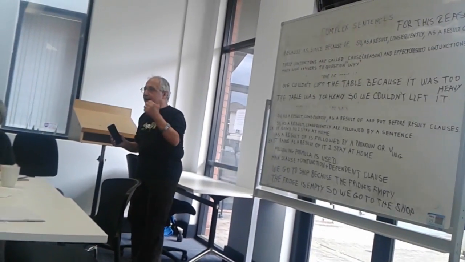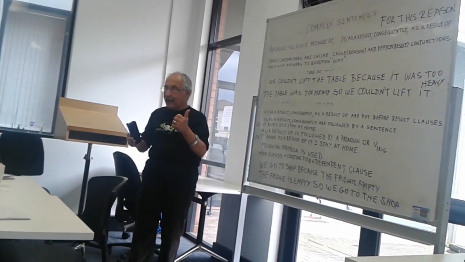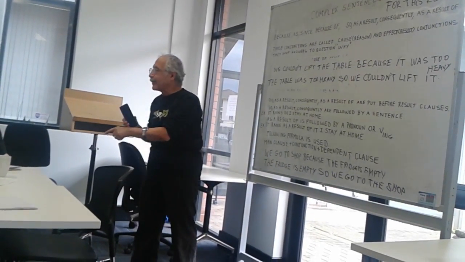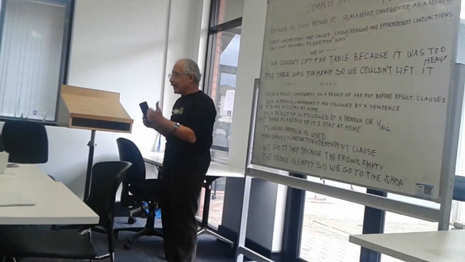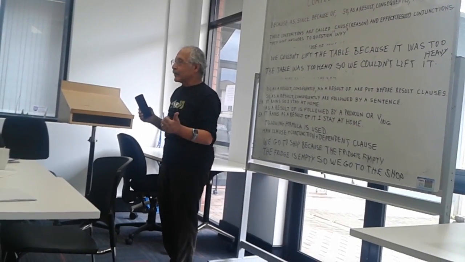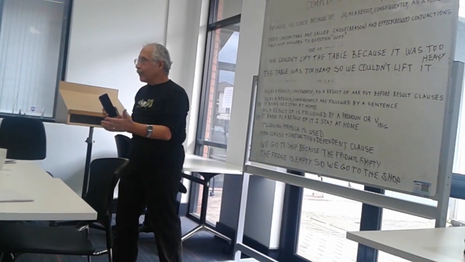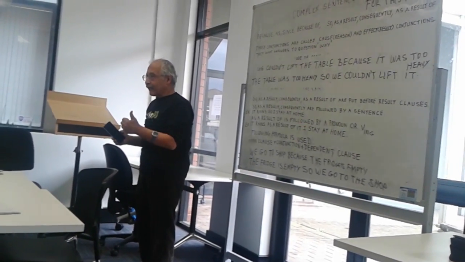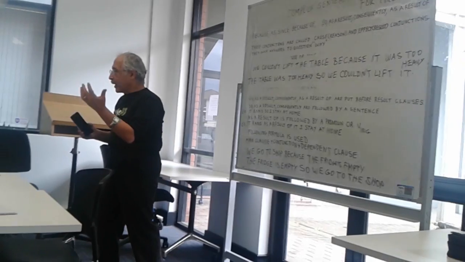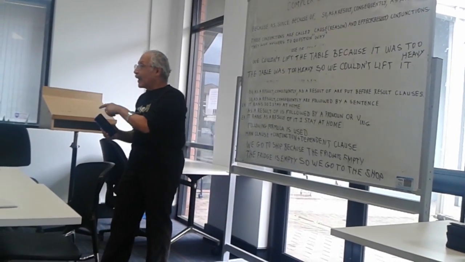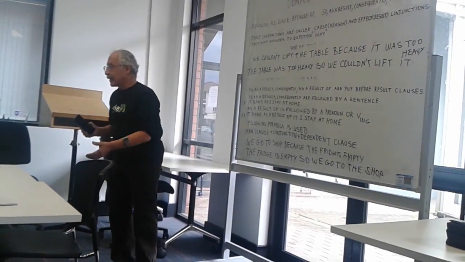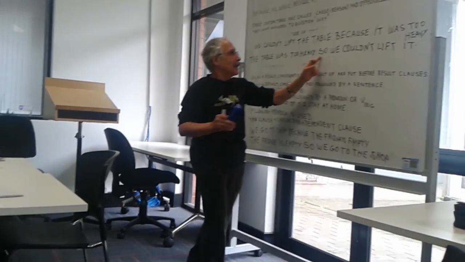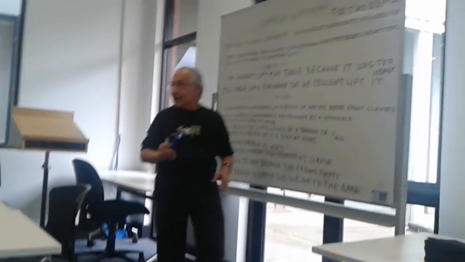If the main clause is present, the dependent clause is present. If the main clause is future, the dependent clause is present. If the main clause is past, the dependent clause is also past. So the main clause here is past, and the dependent clause must be past.